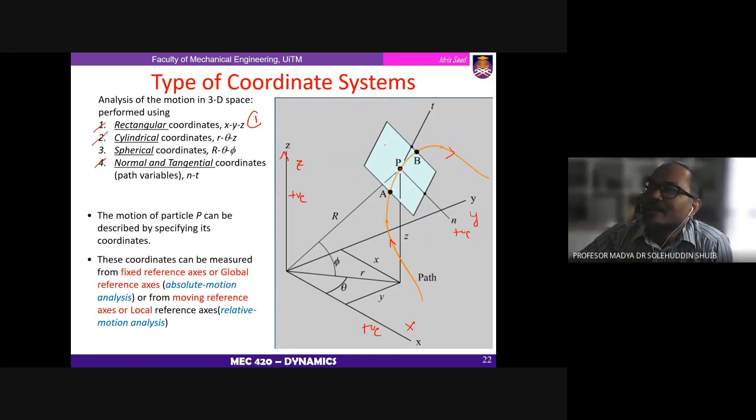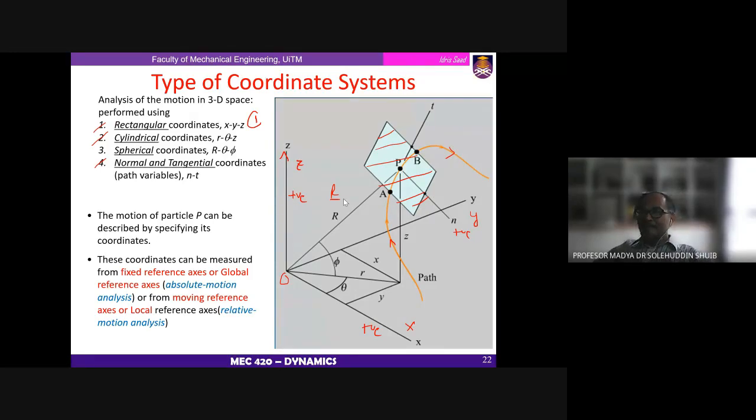This is what we call the cross section, the plane, in blue. The particle is located here, and we start with a datum from zero to this position. This is what we call R, the position vector. We start with that first.